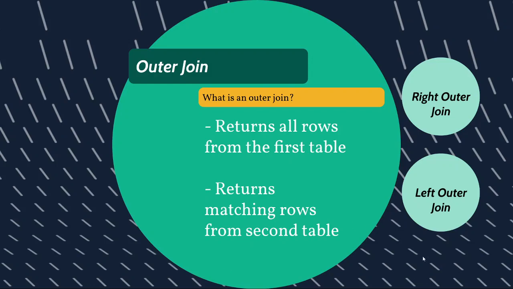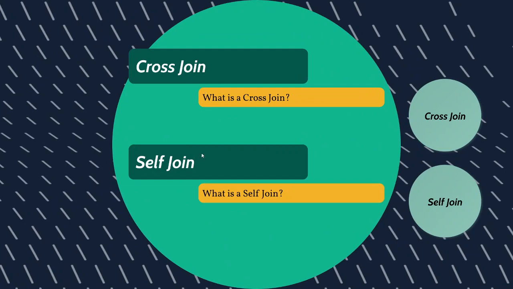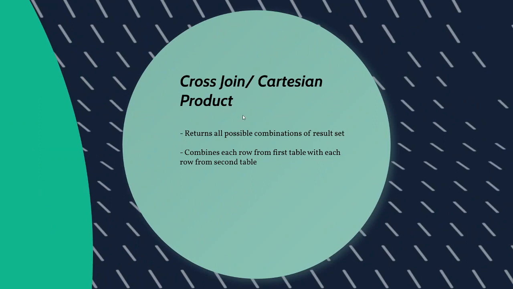So now we're going to talk about the cross joins and the self joins. So what is a cross join? A cross join is also a Cartesian product. And a Cartesian product, as we already talked about, is going to return all the possible combinations of a result set.